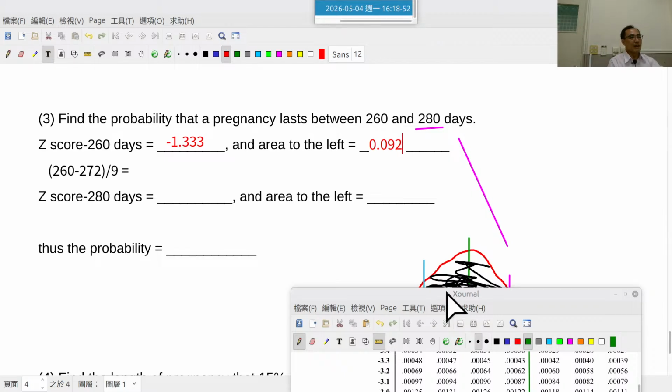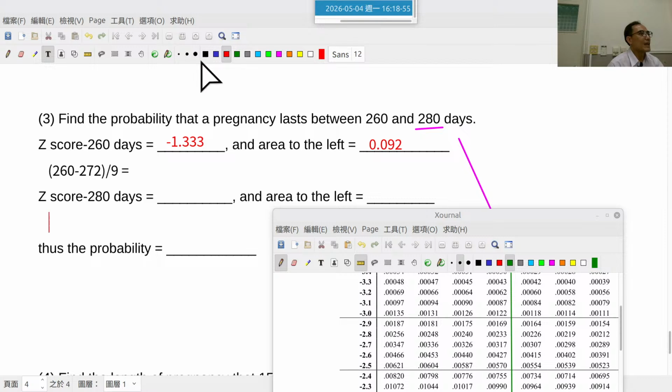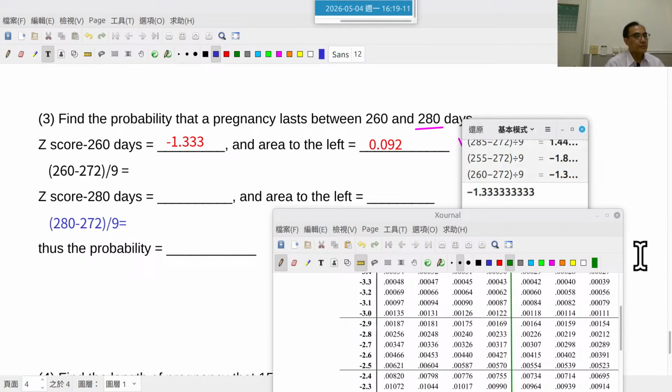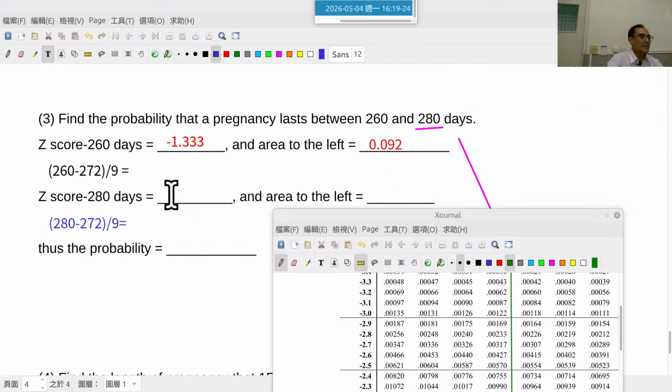No. Let's move on. The second question, the z-score of 280. 280 minus 272 divided by 9, that would be 0.8888, endless 8.